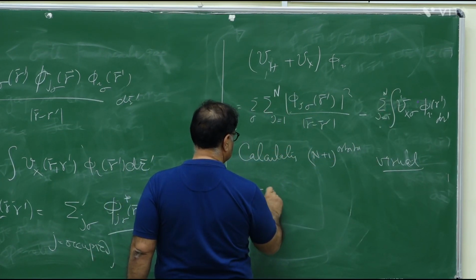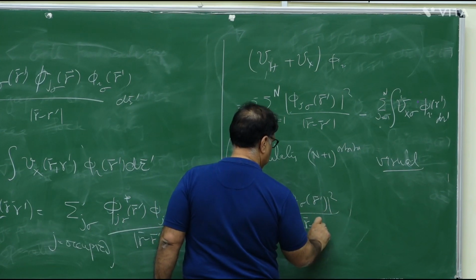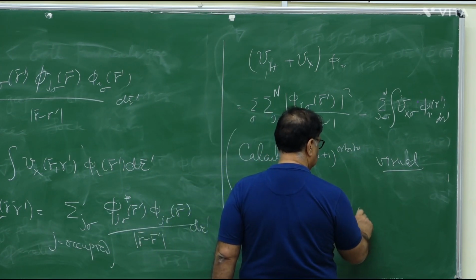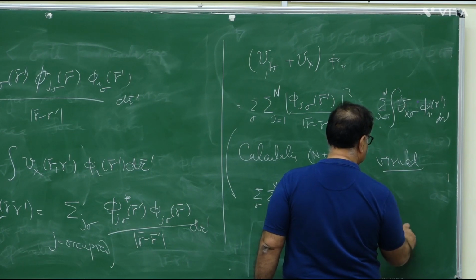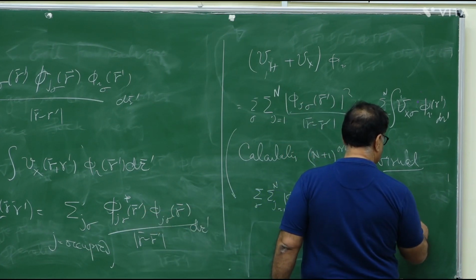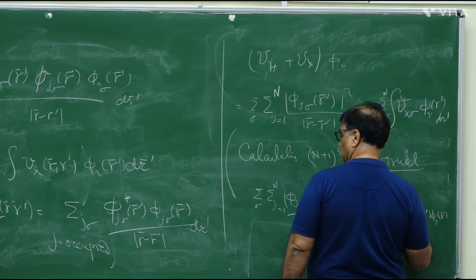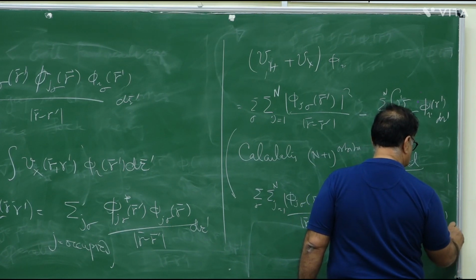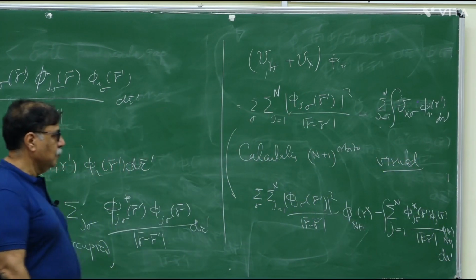I'll write this as summation sigma summation j, phi j sigma |r prime| squared over |r minus r prime|, j equals 1 through n, acting on phi n plus 1 of r, minus summation j equals 1 through n, Vx sigma, phi j sigma star r prime phi j r over |r minus r prime| acting on phi n plus 1 dr. Is that okay?